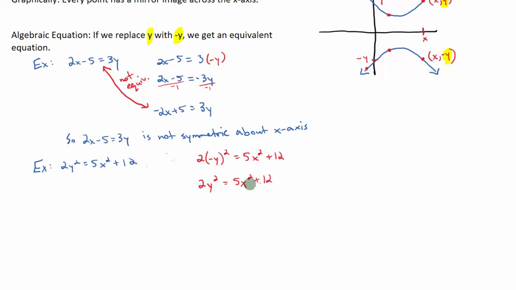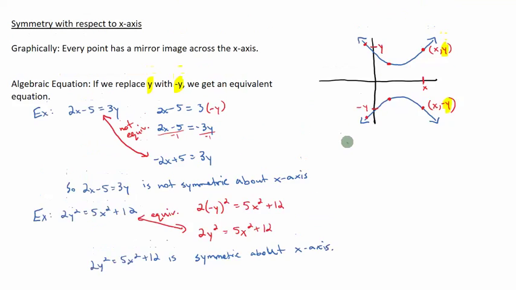And I can see that this equation is equivalent to my original. So 2y squared equals 5x squared plus 12 is symmetric about the x-axis.